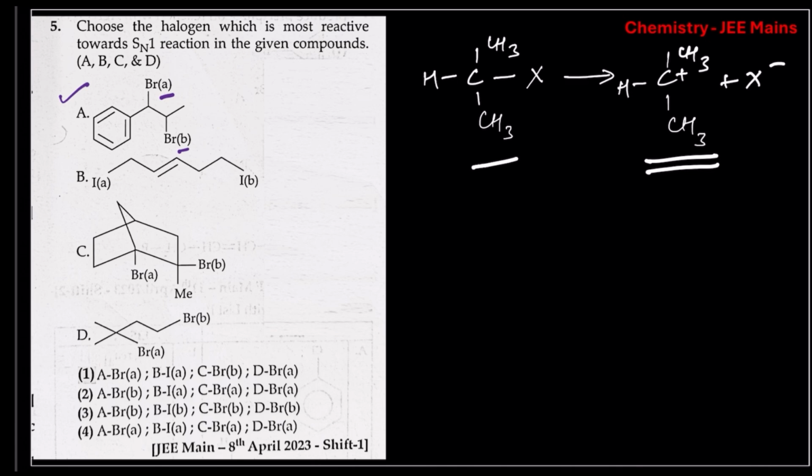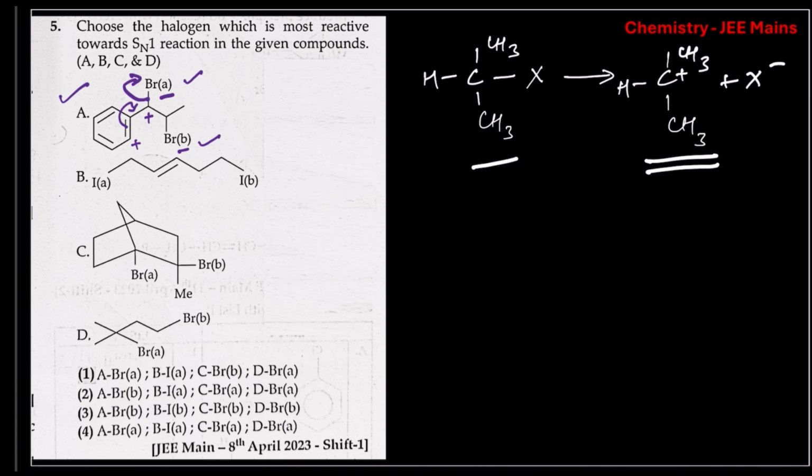SN1 reaction. Out of these two bromine atoms, if this bromine leaves as bromide ion, then the carbocation which is formed will be stabilized by the delocalization of the positive charge on the benzene ring. What will happen? These pi electrons will come here and this positive charge will get delocalized on the benzene ring.